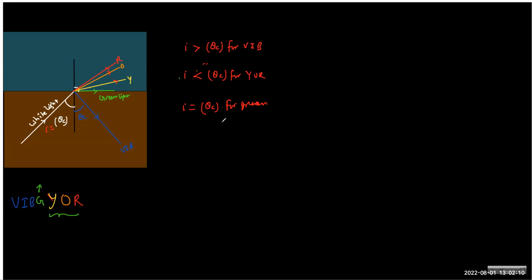TIR only occurs when I exceeds the critical angle, so these will suffer TIR. This other one is also called refraction, but we call it grazing emergence. Understood?